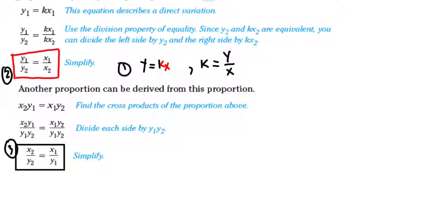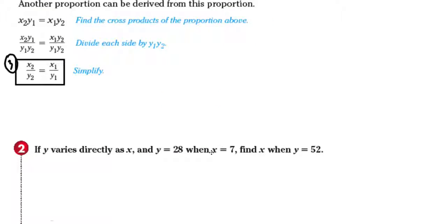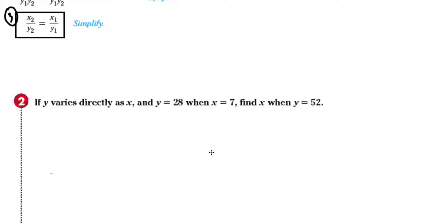Taking a look at example number 2: if y varies directly as x and y equals 28 when x equals 7, find x when y equals 52. So let us use y sub 1 over y sub 2 equals x sub 1 over x sub 2, equation number 2, and substitute values.